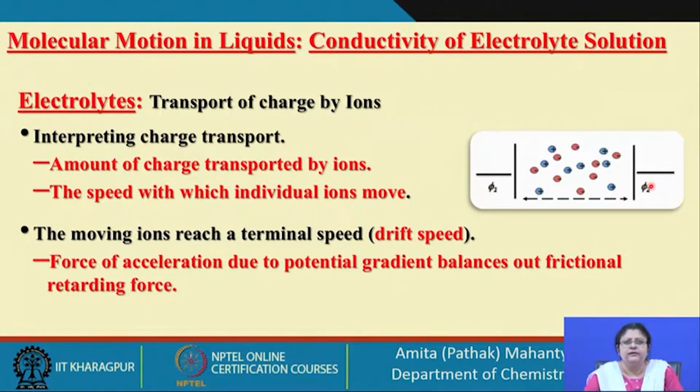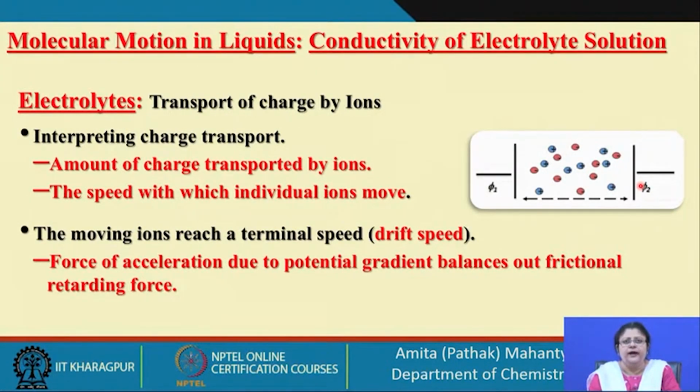What we are going to look into is the mobility, or the speed with which they move. So, when you have an ion in solution, what are they subjected to?